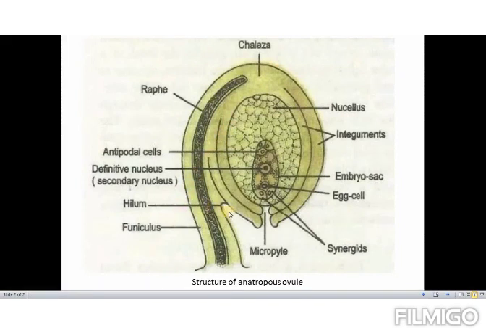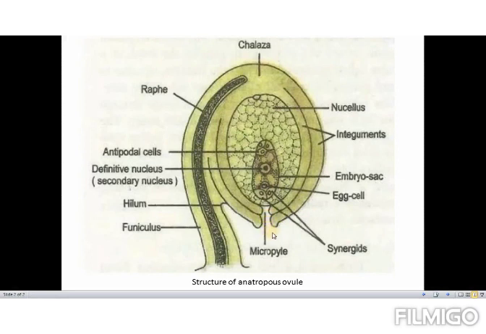Next, the micropyle. The integuments leave a narrow opening at the terminal end of the nucellus, and this is called the micropyle. What is the function of this micropyle?